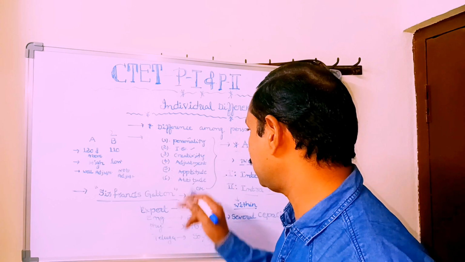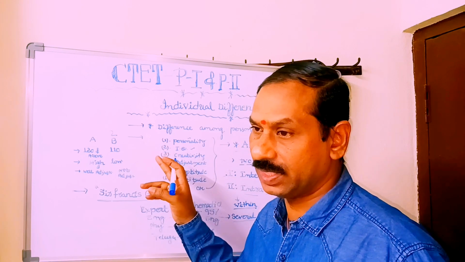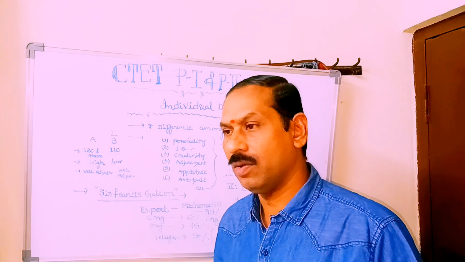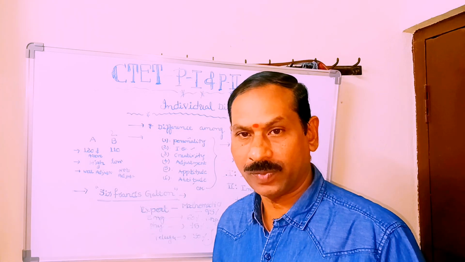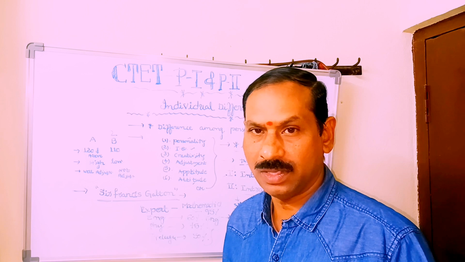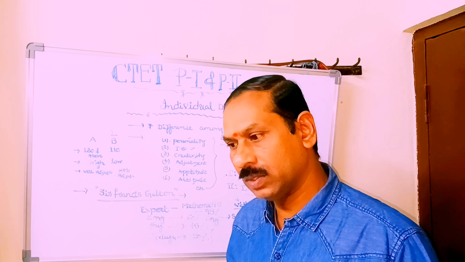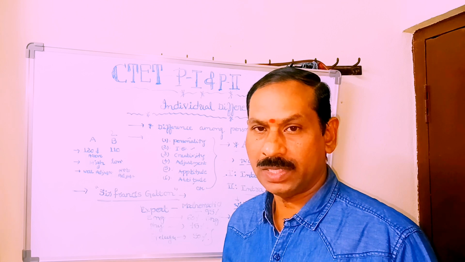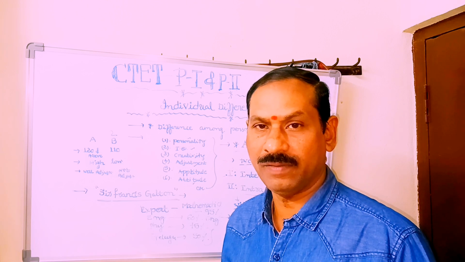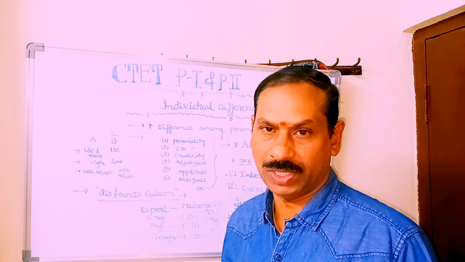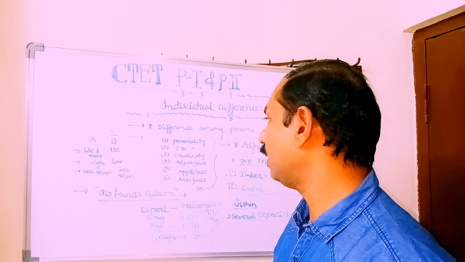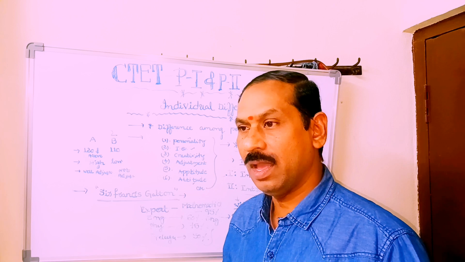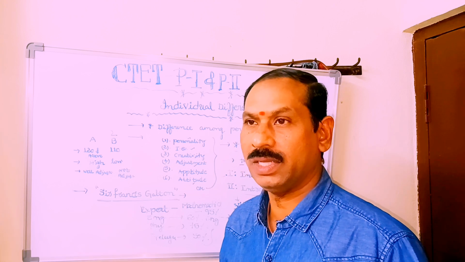Intelligence is a very important factor in individual differences. Why? Because nobody is only a gifted child, nobody is only average. If we go through the intelligence scale, there are average, above average, below average, gifted and creative children. So definitely these individual differences are there among persons.